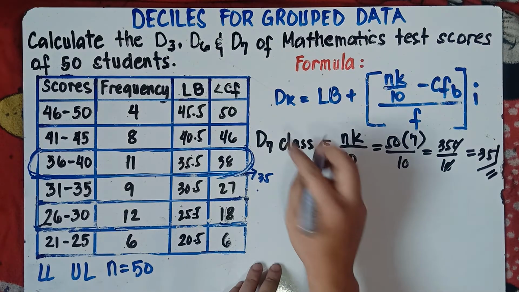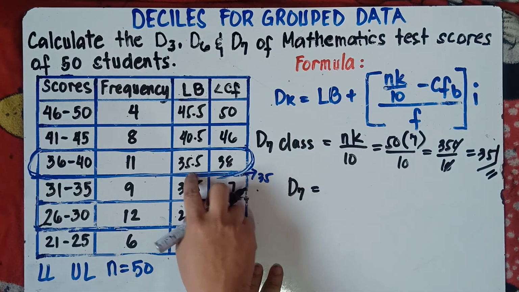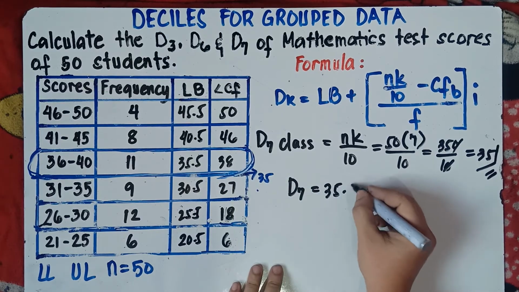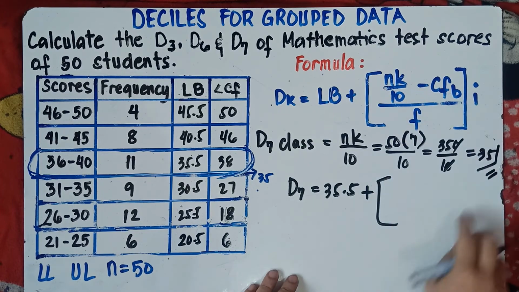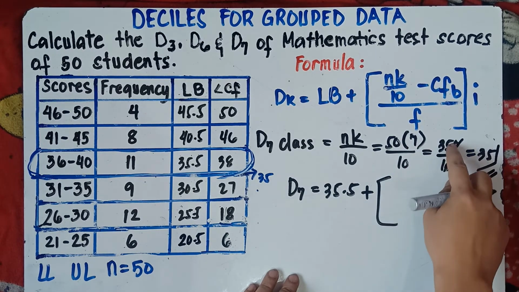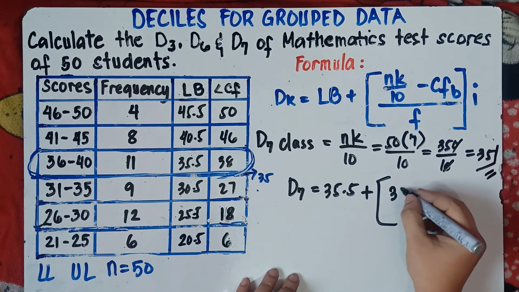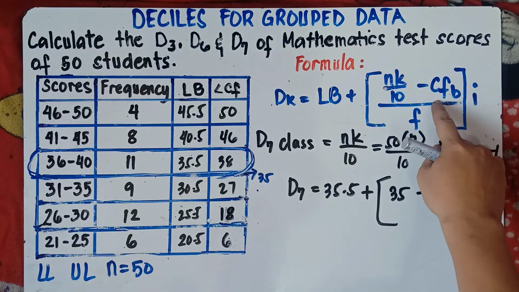So the 7th decile D sub k, 7th decile, is equal to LB 35.5 plus nk over 10, that's the answer, 35. 50 times 7 divided by 10, 350 divided by 10, that is 35, minus CFB, cumulative frequency before.